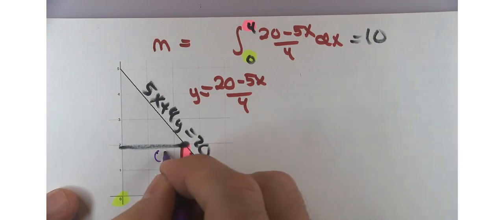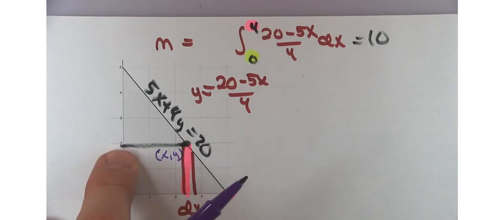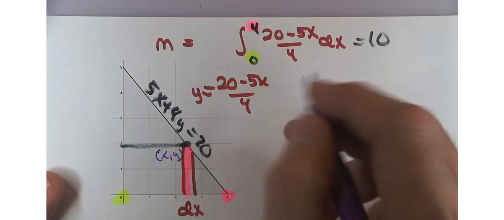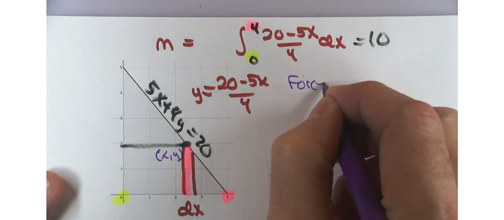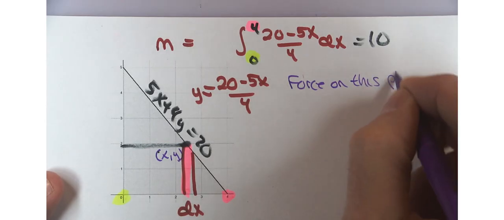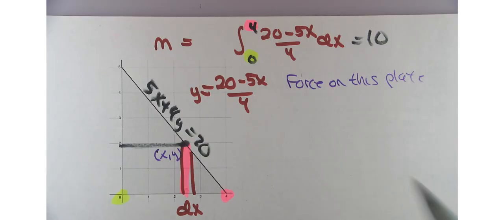Now the rotational force is going to be the area of this times its distance to the y-axis. So the force on this plate is going to be the area.